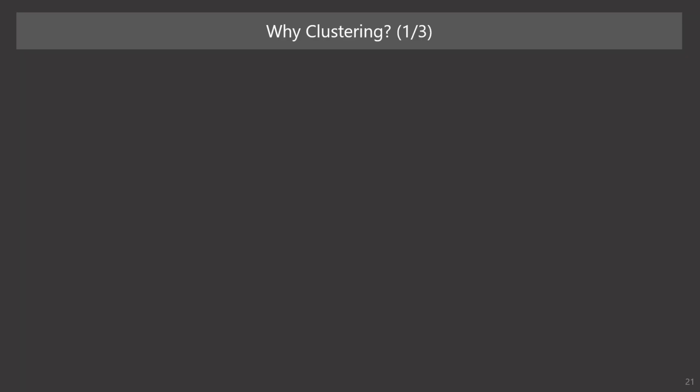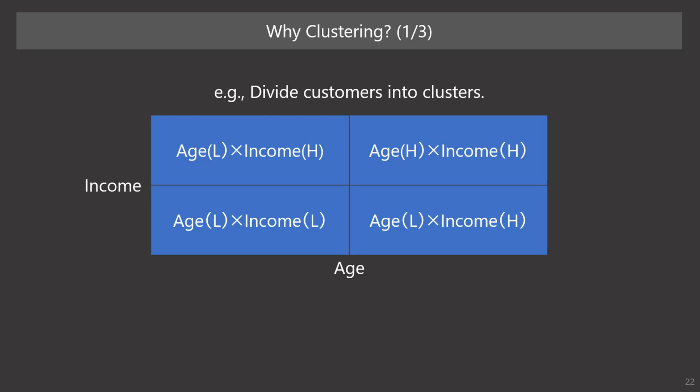Now, we understand the benefit of grouping data points into some clusters. By the way, why do we need to perform cluster analysis? Suppose we have customer data and we want to obtain clusters using age and income data. Both age and income are numerical variables, so we can set two criteria for grouping: high or low age groups and high or low income groups.